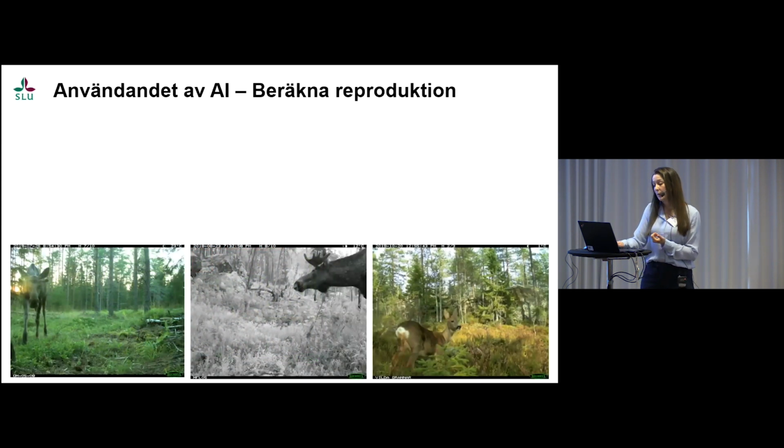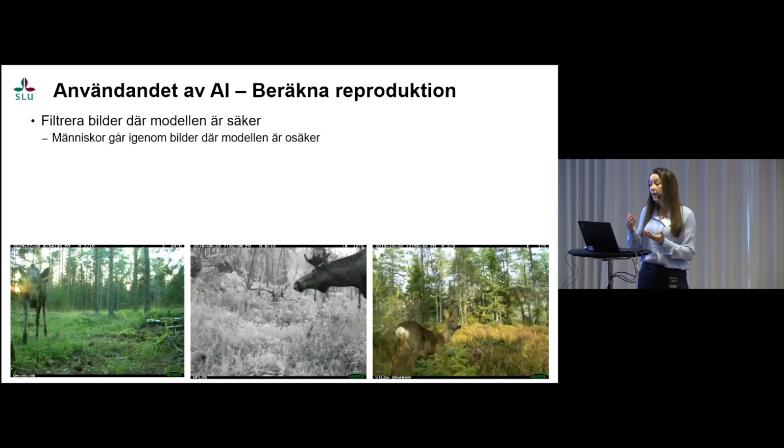So to conclude this part, it looks like we could use AI to speed up the process of classifying the age and the sex, and therefore also estimating reproduction. We can filter on the scores of the model so that we humans only look through the images where the model was not very sure.